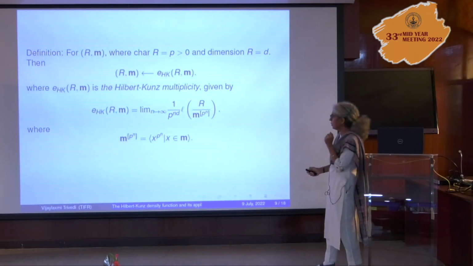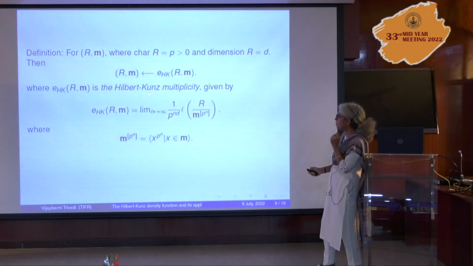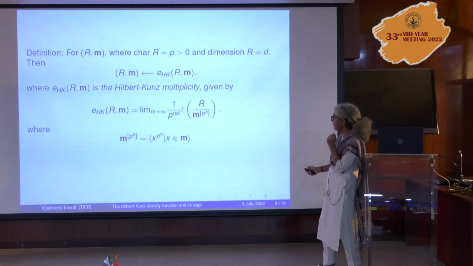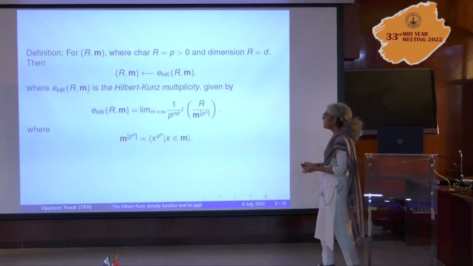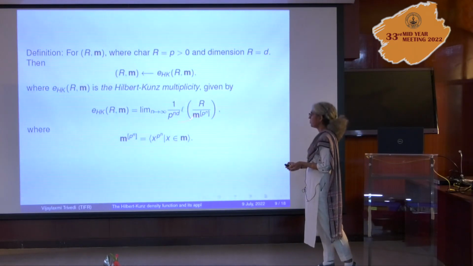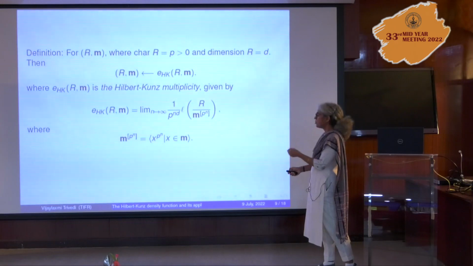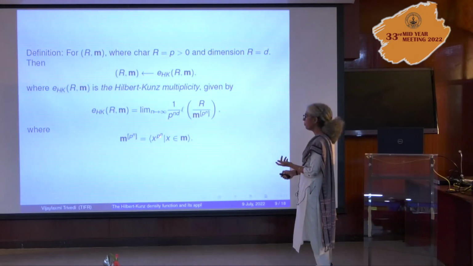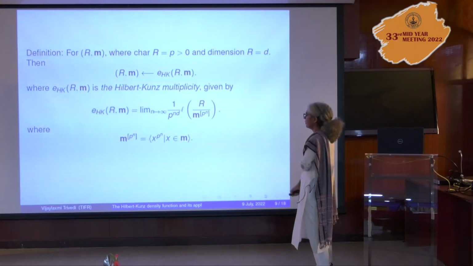It is called Hilbert-Kunz multiplicity, and it is given by exactly the same length, but instead of m to the power n, I am taking the nth Frobenius iterated power of m. If I just want to look at it in algebraic fashion, m to the power [p^n] is generated by x to the power p^n, where x belongs to m; x is not a variable, it is an element of m.